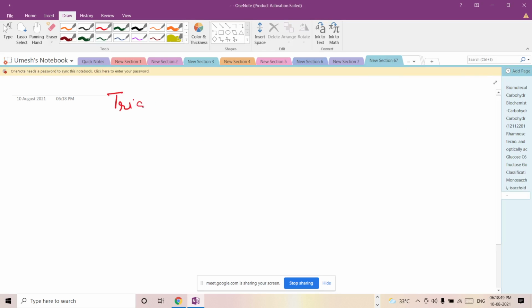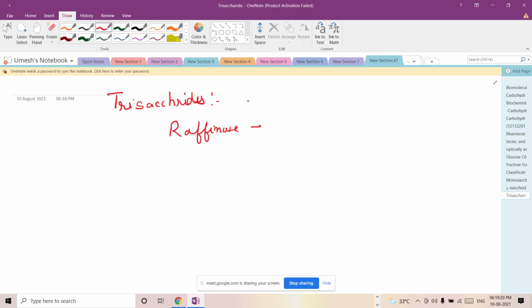Next we have trisaccharides, which upon hydrolysis give three simple carbohydrates. Right? For example, we have raffinose. If you go for the hydrolysis, it will give mannose, fructose, glucose.